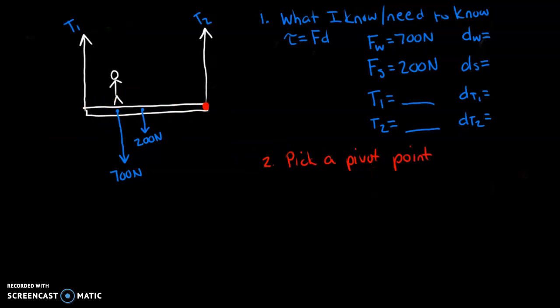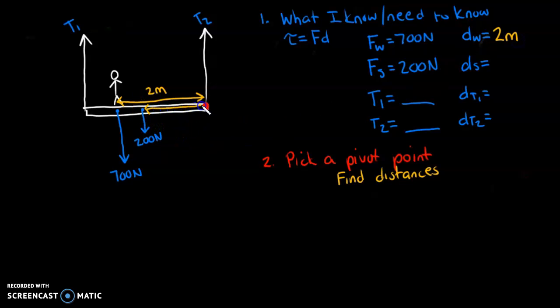So now that I have a pivot point, I can also find distance. Okay, so from that pivot point, I can find the distance from the pivot point to my washer. All right, he's 1 meter from this end. 1 meter from the end of a 3 meter board means he's 2 meters from my pivot point. So this distance of the washer is going to be 2 meters.